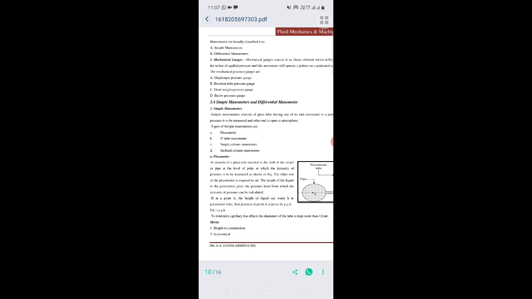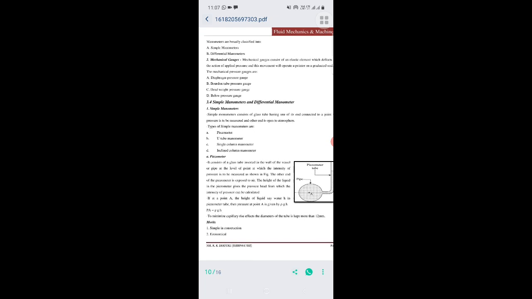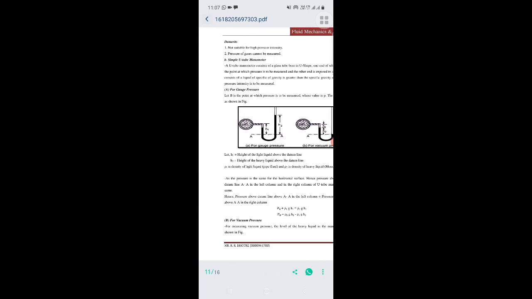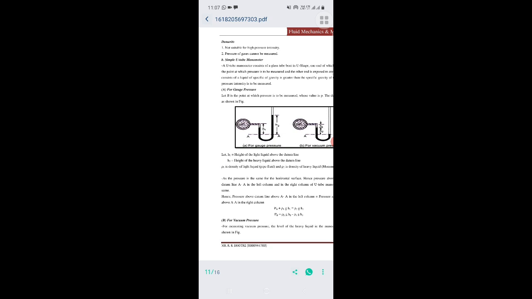The height of liquid gives the pressure head. If the height of liquid, say water, is H, then the pressure at point A is PA equal to W into H. Merits: simple in construction and economical. Demerit: not suitable for high intensity of pressure, and pressure of gases cannot be measured.